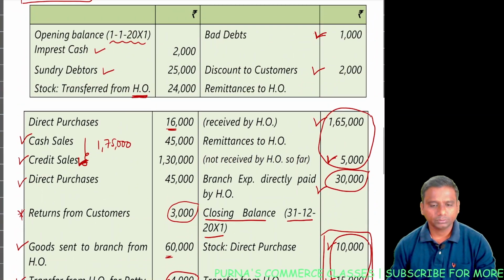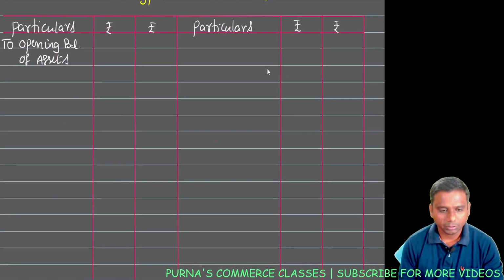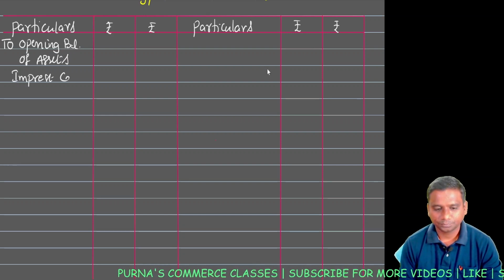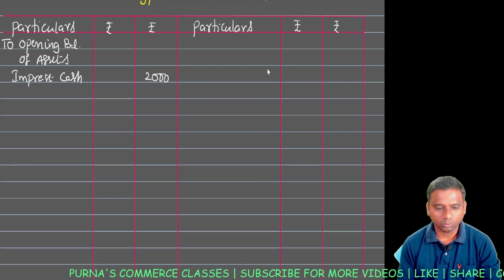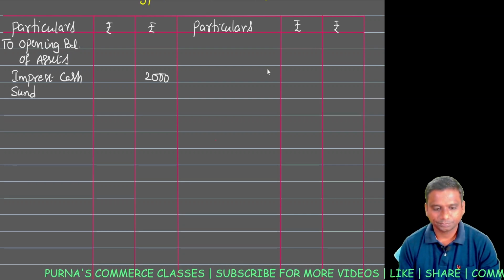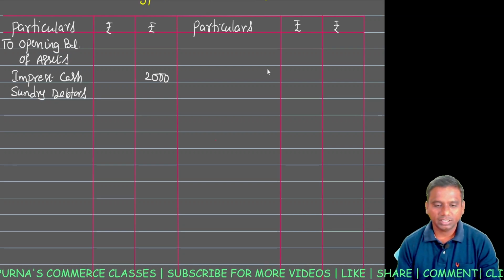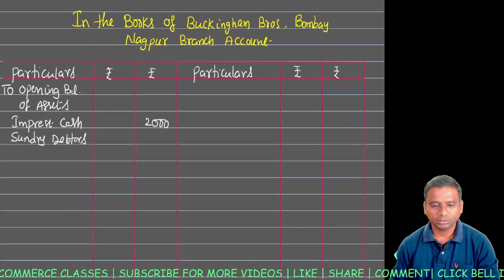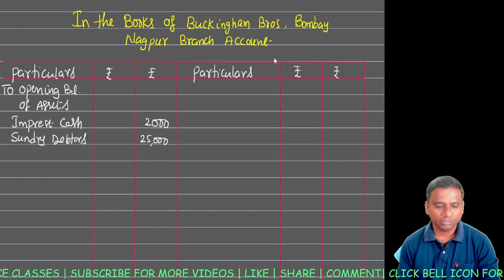Imprest cash we have, sundry debtors we have, and stock. Fine. Imprest cash, how much? 2,000. Next, sundry debtors we have 25,000.